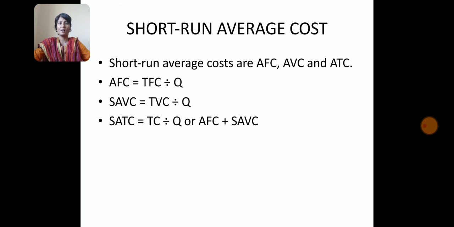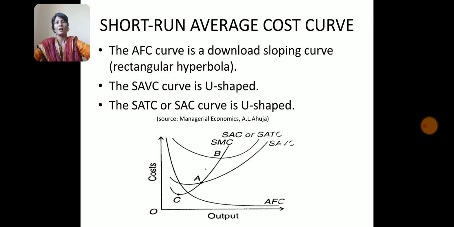They are arrived at by dividing the total cost at each level of output by the number of units produced. Hence, SATC is equal to TC divided by Q, or it can also be calculated as AFC plus AVC, that is average fixed cost plus average variable cost.